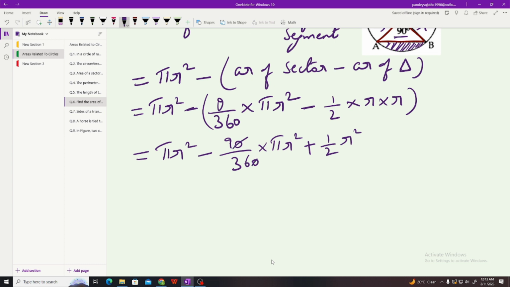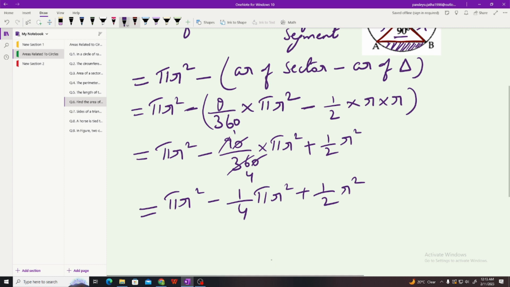Cancel it. So we are left with pi r square minus 1/4 of pi r square plus half r square. Solve this first. Can you see in both the terms pi r square is common.